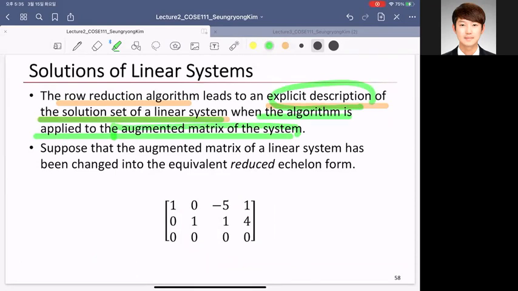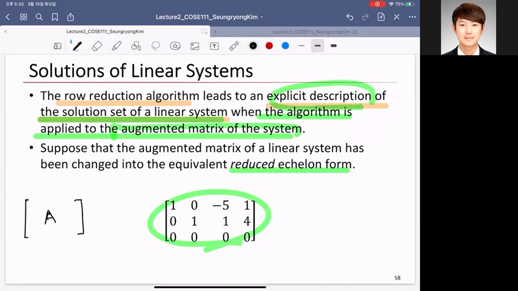Suppose that the augmented matrix of the linear system has been changed into the equivalent reduced echelon form. It looks like this. So, for example, suppose that we have an arbitrary matrix A, and by applying the row reduction algorithm, we achieve the REF form.